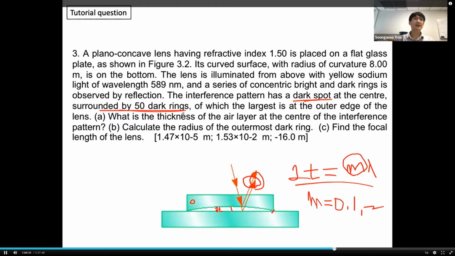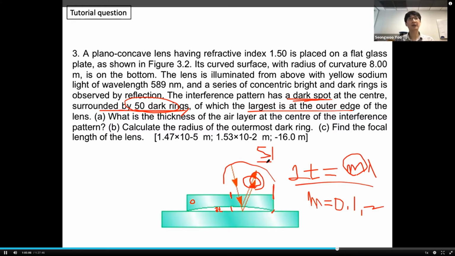Go back to this question. It is given that we first have the dark spot in the center, which is surrounded by 50 dark rings, and the largest is at the outer edge of the lens. So we will have the 50th ring on the edge of this lens. Therefore, all together, we will have 51 dark fringes: one in the center, surrounded by 50 other dark rings.